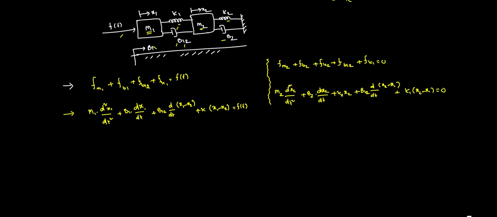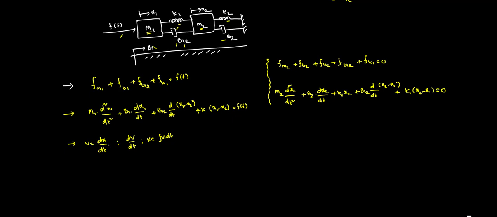Now, when we are replacing the displacement by velocity, we will write the equations as something like this. Already velocity is equal to dx by dt, right? And d square x by dt square is acceleration, that is dv by dt. And x, if you want to find, x is equal to integral v dt.